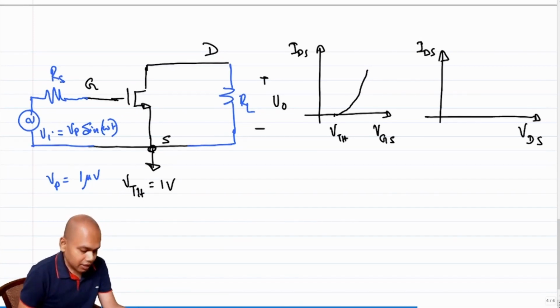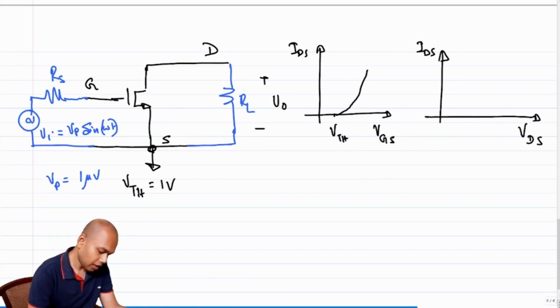But this is under what condition? When will this parabolic looking profile be realized? This is only under the condition that your VDS is greater than or equal to VGS minus threshold voltage.